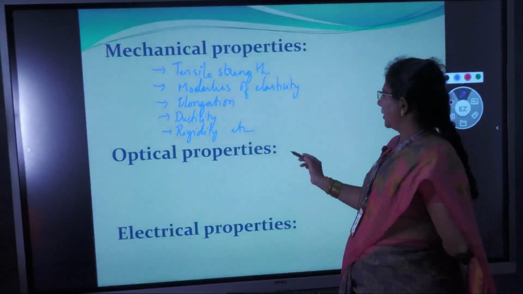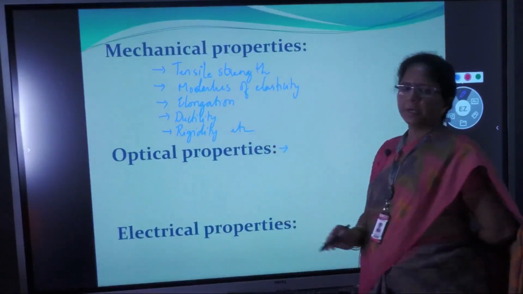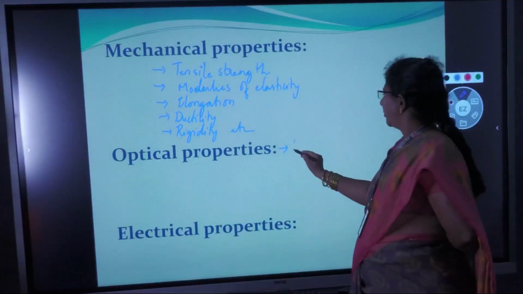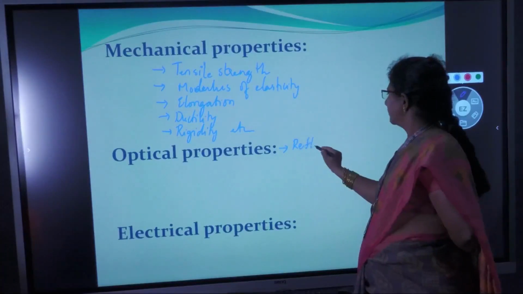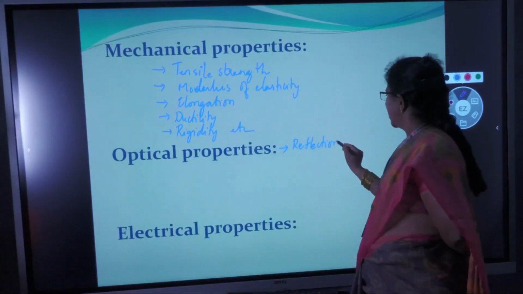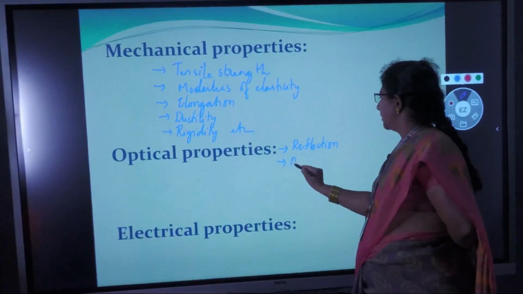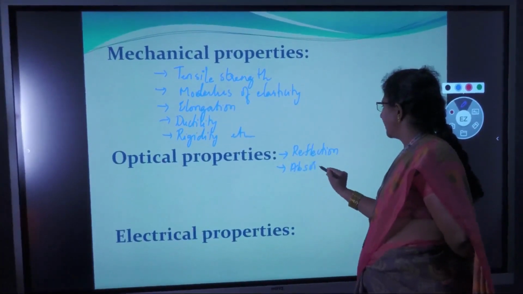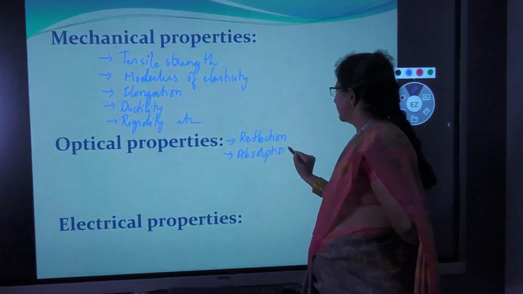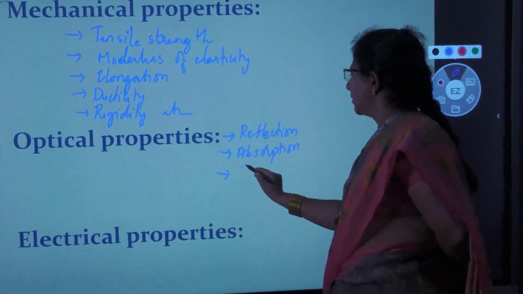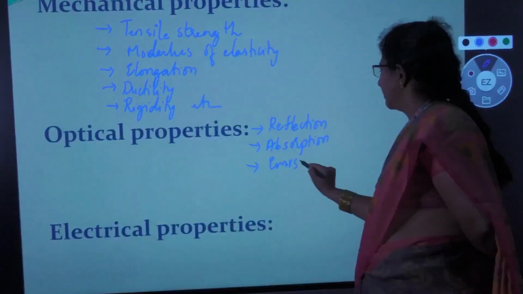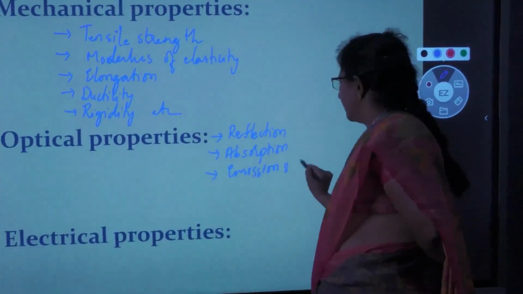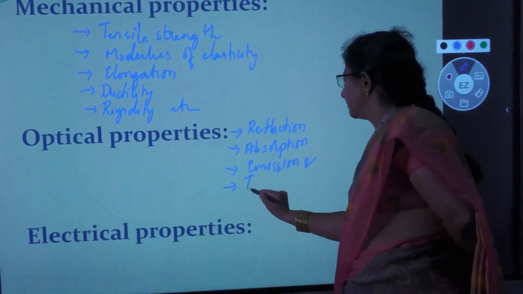Coming to the optical properties. Optical properties means reflection of light, absorption of light, emission and transmission.